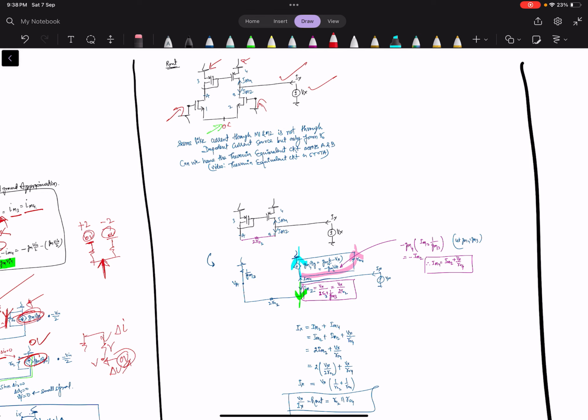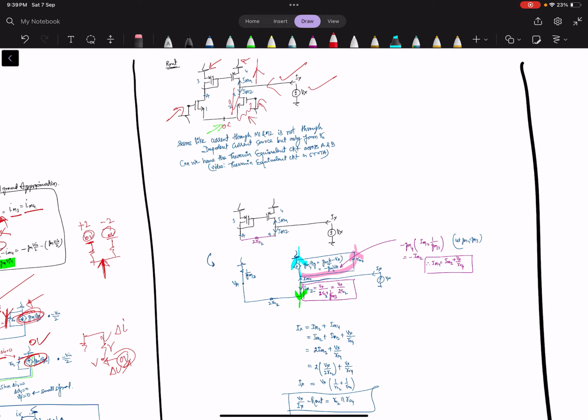So if you see here, an important point before going further: this total current will be the current through this branch and the current through this branch. That's it.